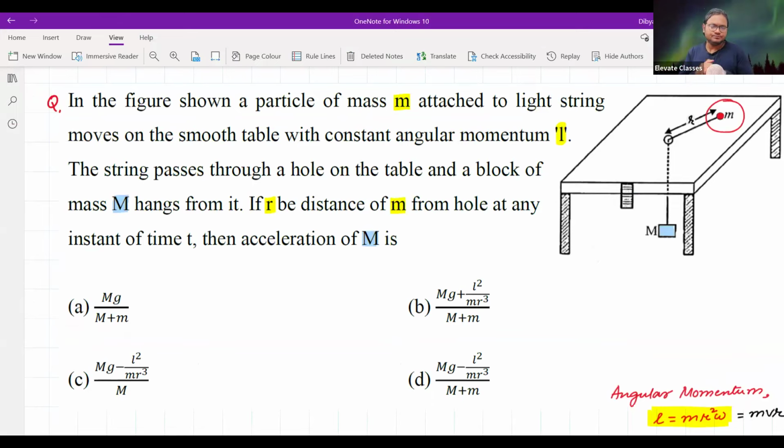Where are you stuck? बताइए, we can discuss. Sir, a few more minutes, please. Okay.